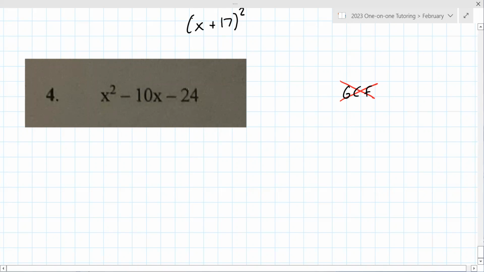Can you take the square root of 24? Is it a nice number? It's not. So this is an a equals 1.